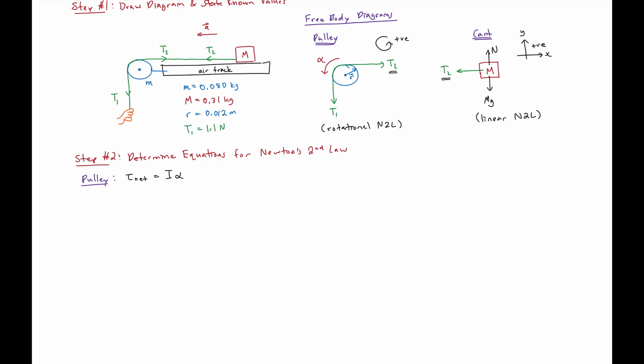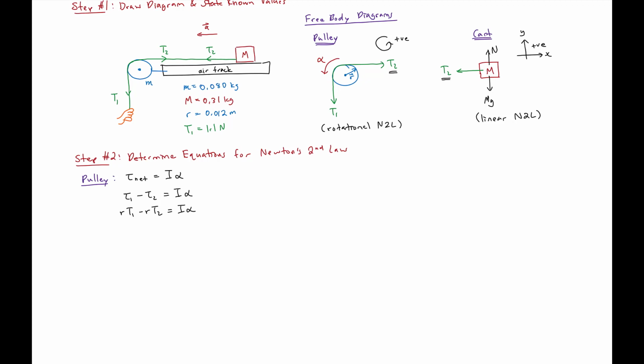If we're looking at the coordinate system, counterclockwise is positive, so we're going to have the torque coming from tension 1 minus the torque coming from tension 2 is equal to I times alpha. Remember, torque is equal to R times the linear force, so we have R T1 minus R T2 is equal to I alpha.